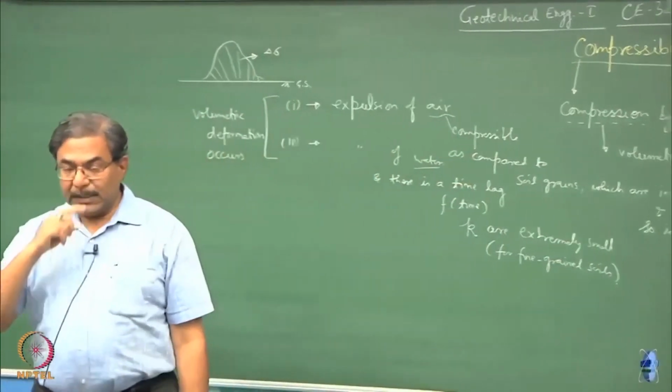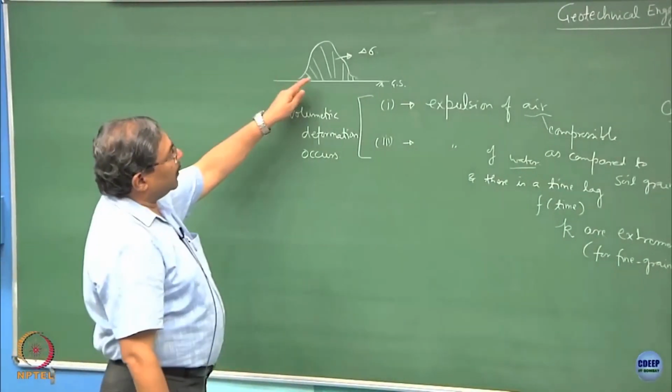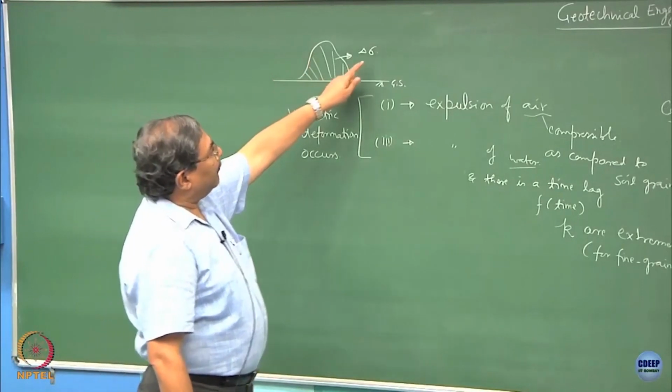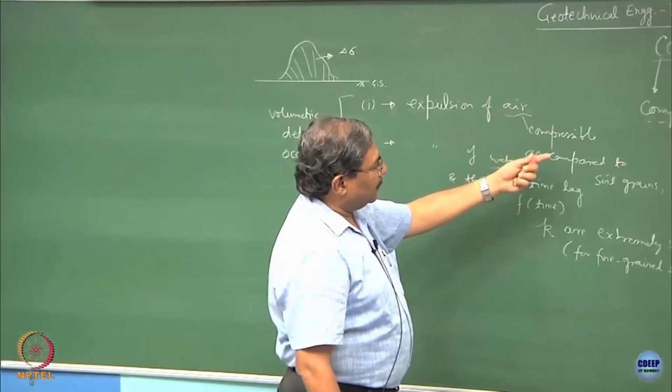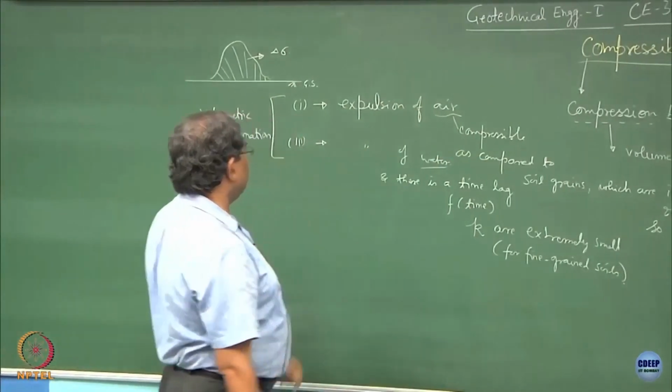Alright. So, the situation is like this: the moment you load the system of soil mass from outside in the form of delta sigma, some air may be expelled and there could be a compression.